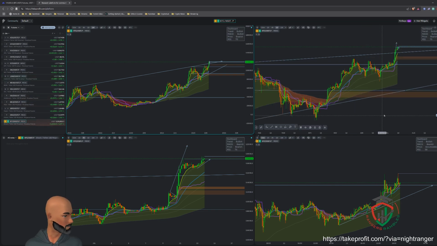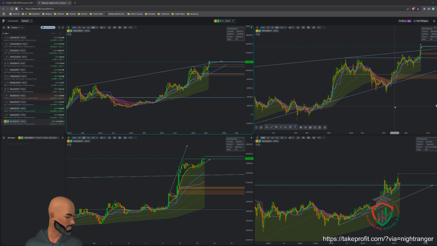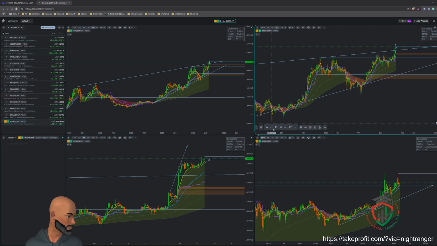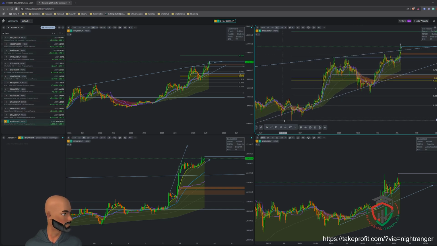At the minute, I'm still expecting to see about 128 at least, up to about 150. If we do that, look, there's the 133. So from last year's low to the high in January, there's the 130.